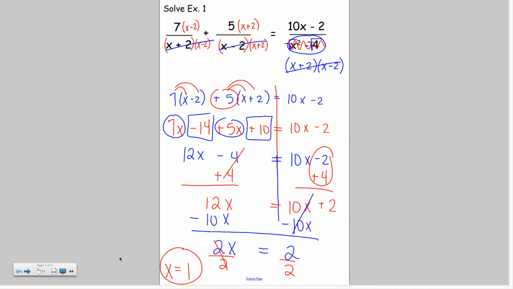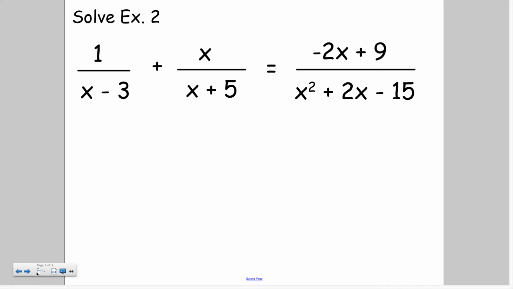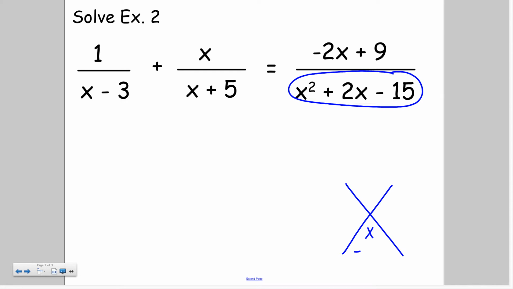We're going to look at example 2. These were a little bit easier yesterday. They're a little easier to recognize because you see a trinomial. I can factor that trinomial, and it will help me see what my common denominators should be.